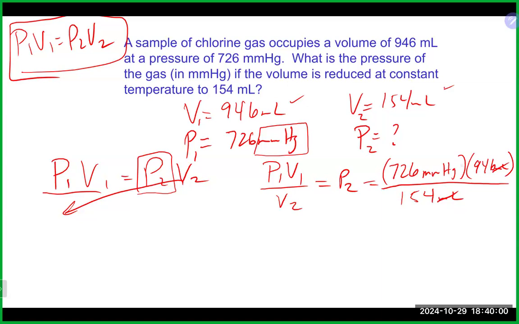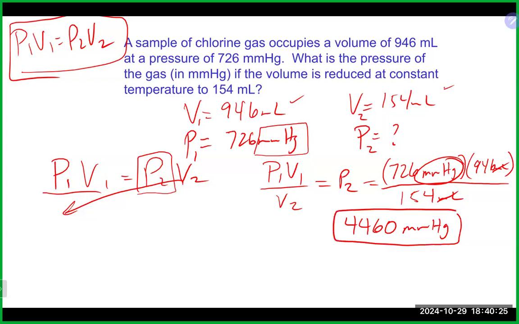Milliliters is going to cancel. That once again will leave us millimeters of mercury as our unit of pressure here. So 726 times 946 divided by 154 is going to get us about 4460, we'll call it. And that is millimeters of mercury in this particular case.